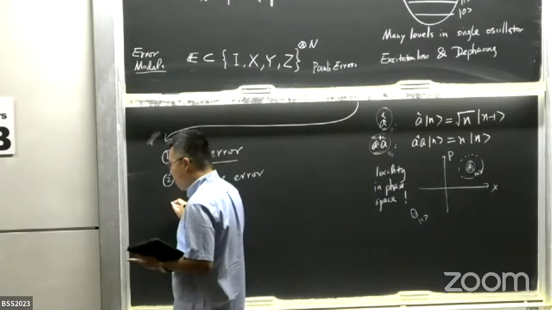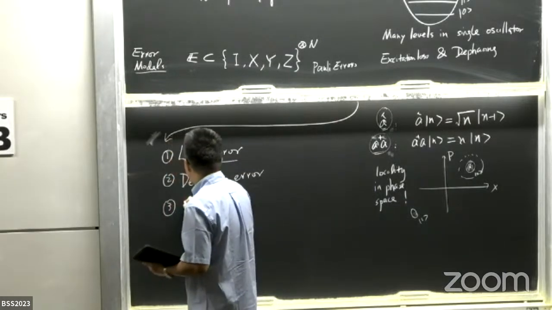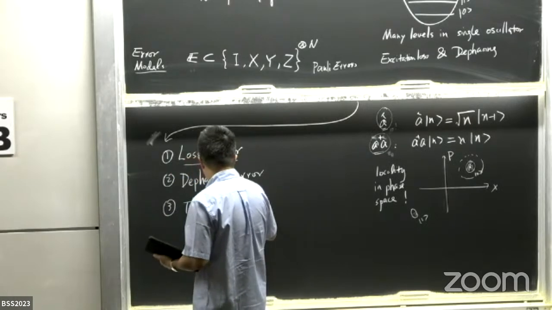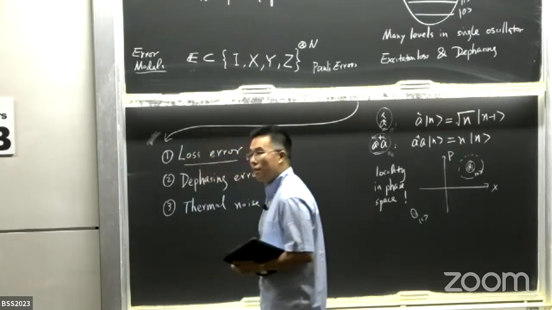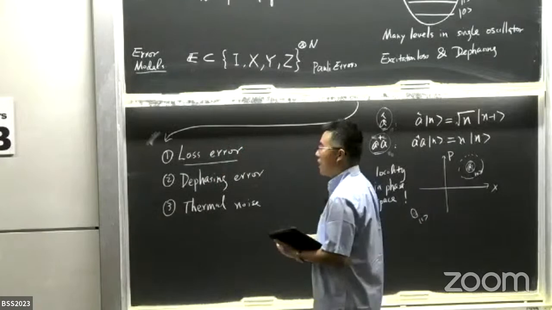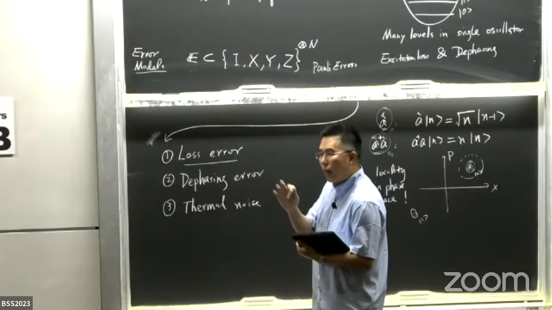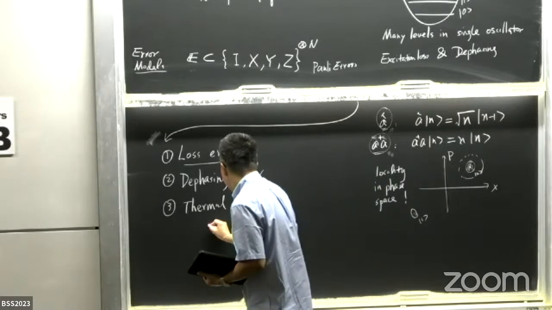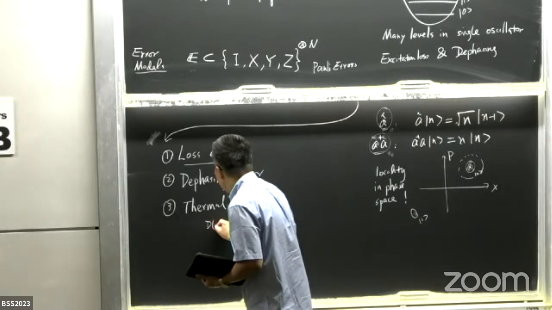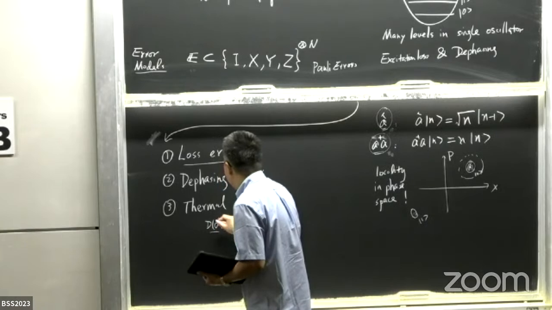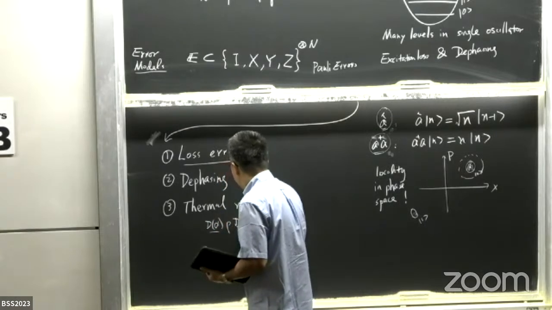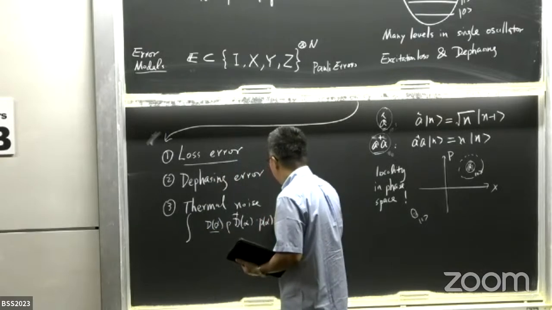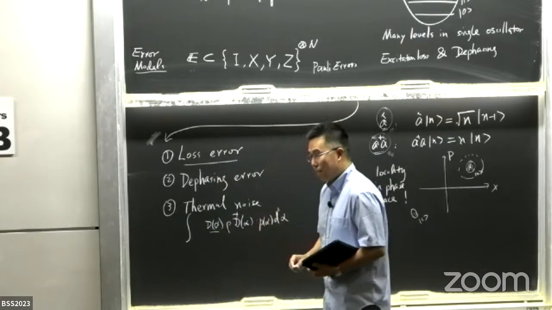And then I think the error you're referring to is more like some thermal noise. Suppose the system gets heated up or induces some random displacement in position and momentum. Then basically the system undergoes some displacement operation on your state, and you integrate over some probability of alpha, d square alpha.